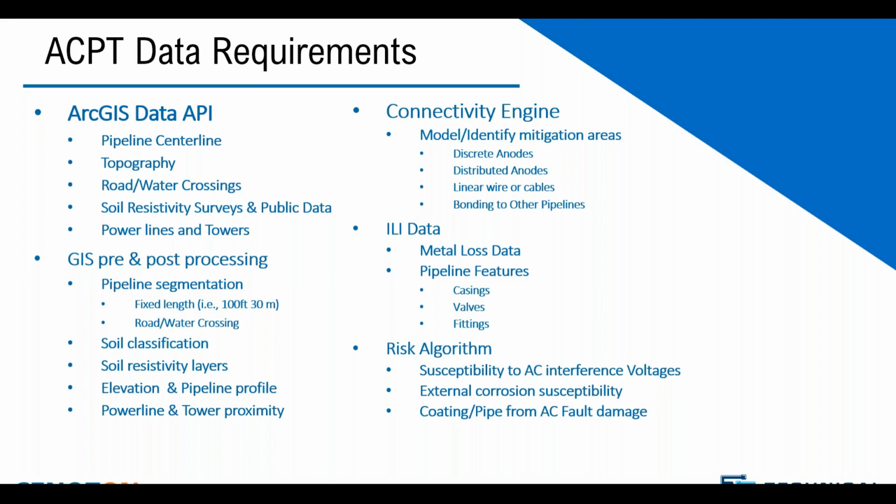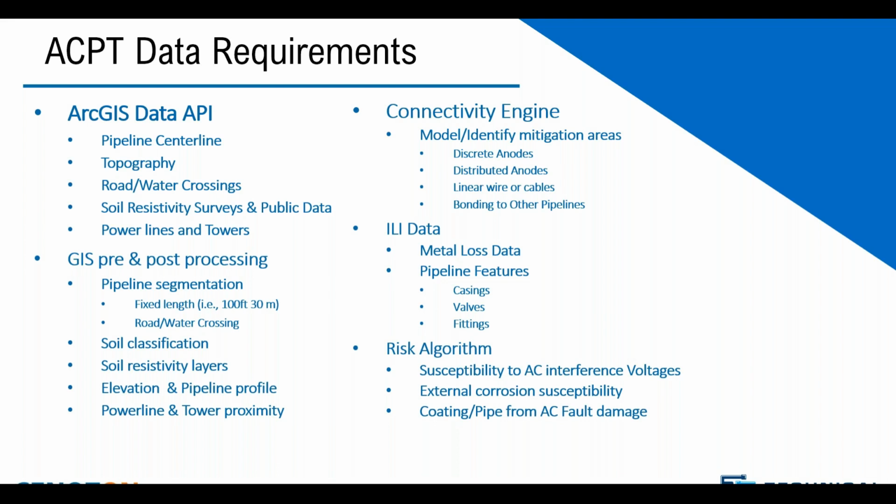So in the case of fixed length segmentation, you may want to sub-segment your pipelines based on some static values, for every 100 feet or 50 feet, whatever is relevant for that project or for that pipeline, whether or not there's road or water crossings, or based on some other user-defined criteria.